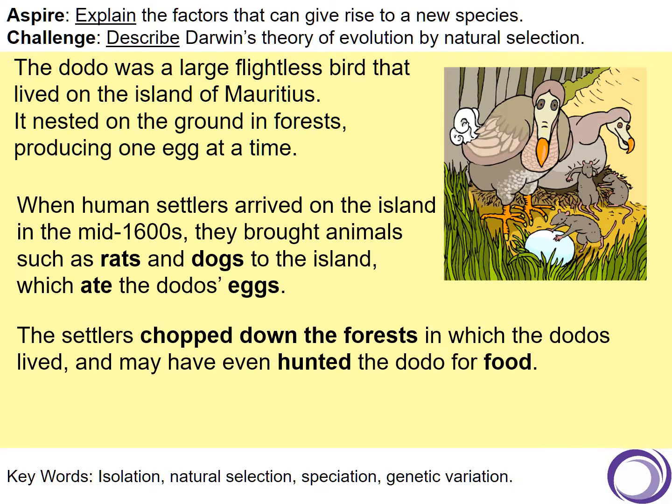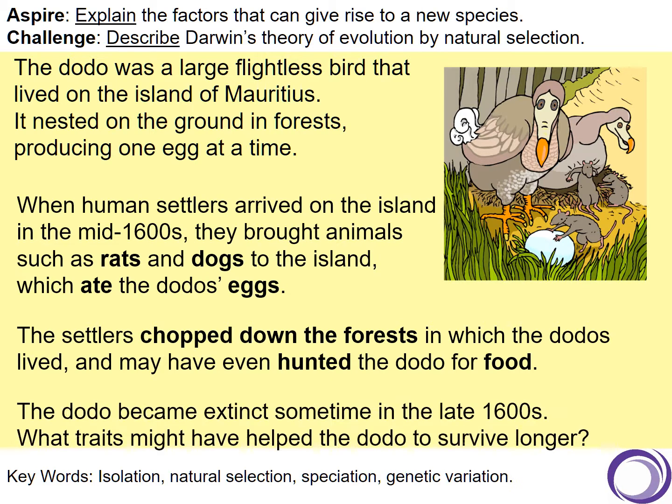The settlers chopped down the forests in which the dodos lived and may have even hunted them for food. The dodo became extinct sometime in the late 1600s, but what traits may have helped the dodo to survive longer? 30 seconds. What traits or characteristics may have allowed the dodo to avoid becoming extinct?